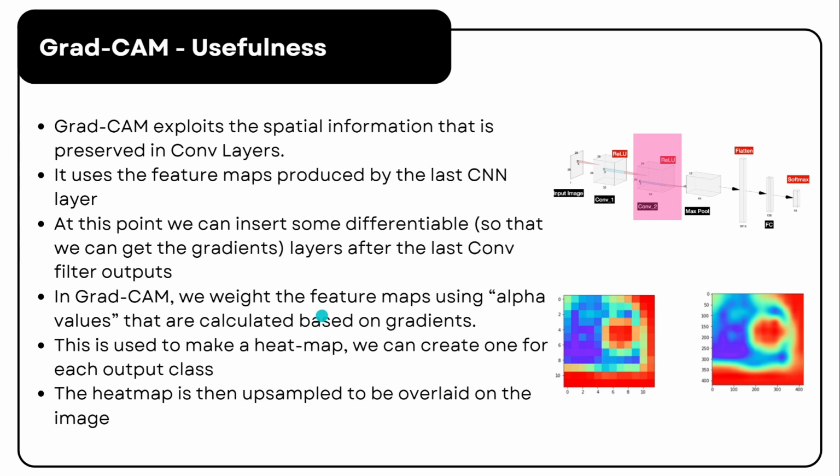Using these weights, we generate a class specific heat map. In fact, we can create a unique heat map for each output class. The resulting heat map is then upsampled and overlaid on the original image to provide a visual explanation of what the model is focusing on.